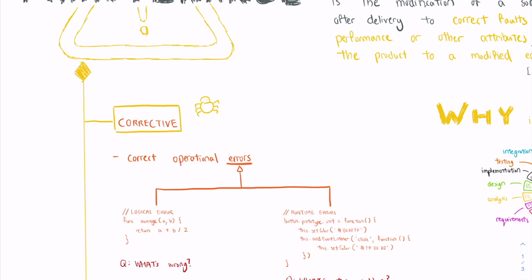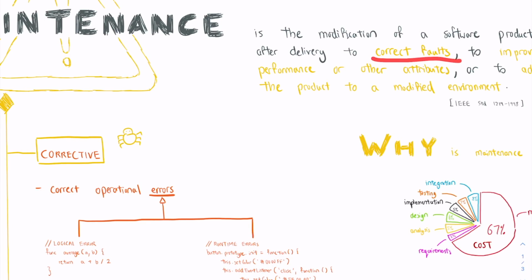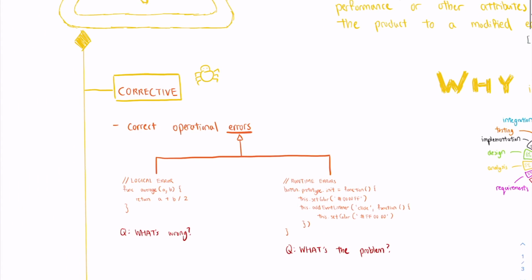The first one is corrective, and as indicated already in the definition, one of the key things that you will do in maintenance operations is to correct errors. And what sort of errors?